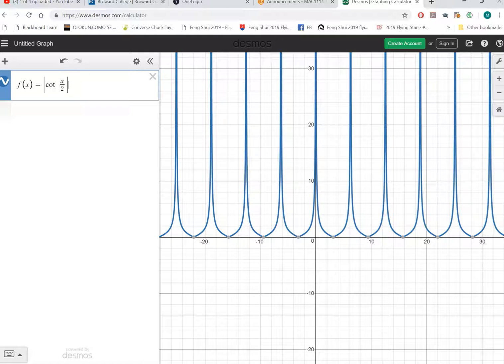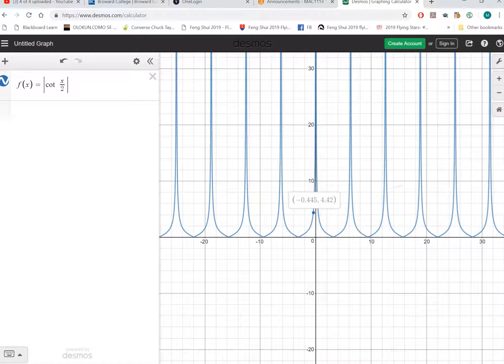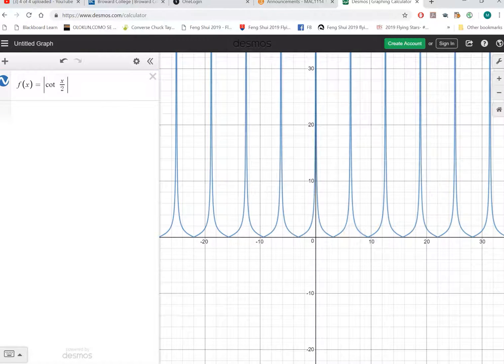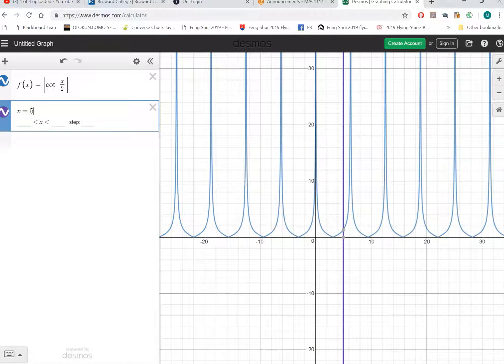So this is what the graph should look like, and if I'm looking at it from just simply pi to 2 pi, so if you notice when I click on that, that's pi, 0. That should be going through pi, 0, and you should have the asymptote, let's see here, this will be at about x is 6. So if I draw a line at x is, nope, not 5, 6, okay.